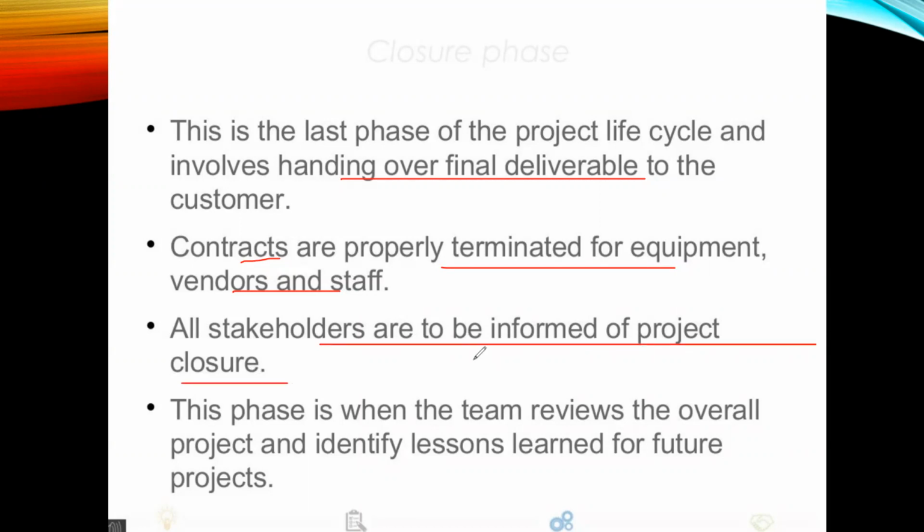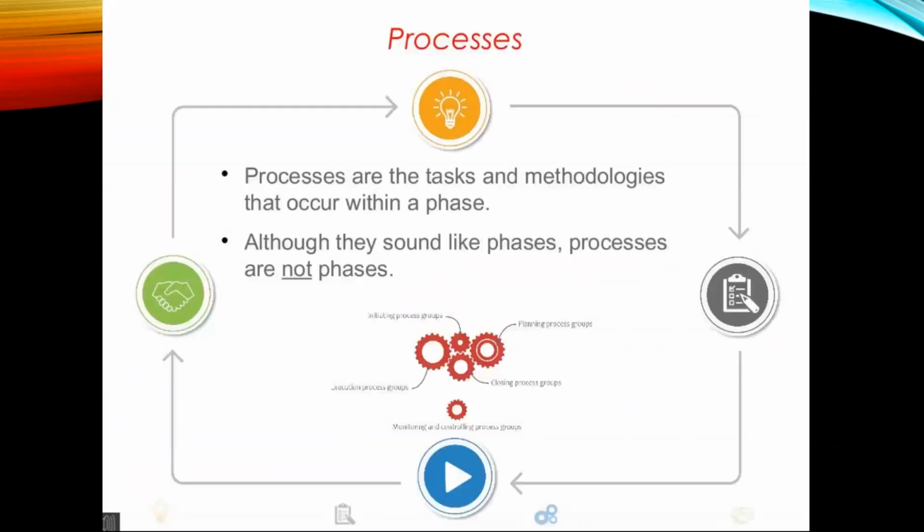You should always inform the stakeholder that we are done, the project is closed, and we actually finished. Also, this phase is when the team reviews the overall project and identifies lessons learned for future projects. As mentioned, this review meeting is extremely important. So these are the processes that take place.